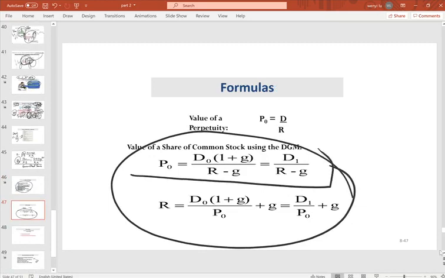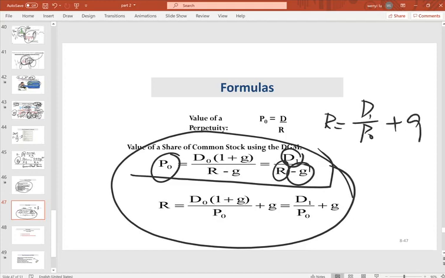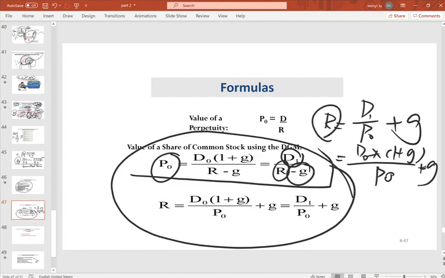And if you want to solve for R, R equals D1 over P0 plus G. And D1 equals D0 times 1 plus G, so R equals D0 times 1 plus G over P0, plus G. That's how to solve for the required rate of return for the stock, supposing the dividends, the price, and the growth rate are given.